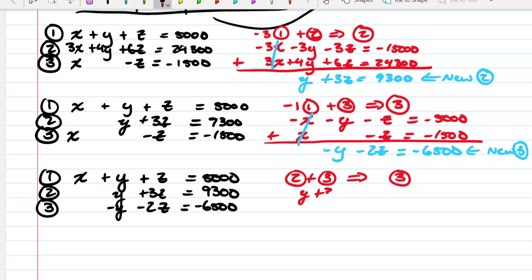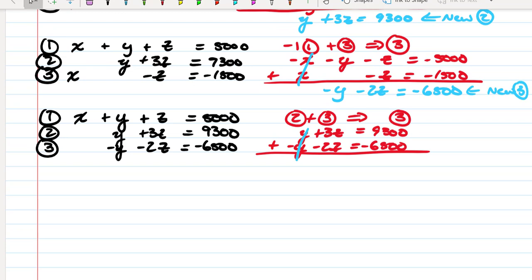So I have y plus 3z equals 9,300, and negative y minus 2z equals negative 6,500. We add them up, our y's eliminate. 3z plus negative 2z gives me z is equal to 9,300 plus negative 6,500 gives me 2,800.